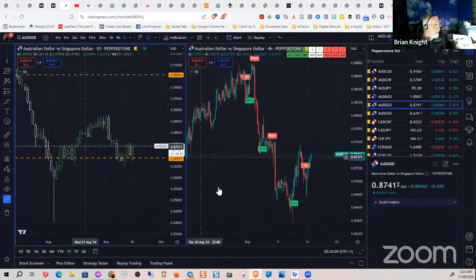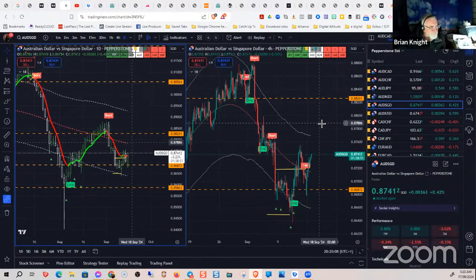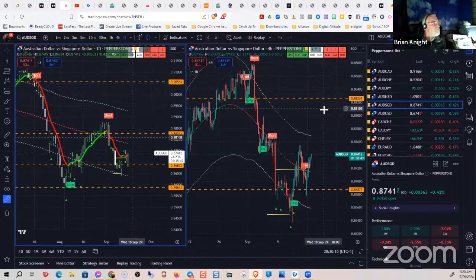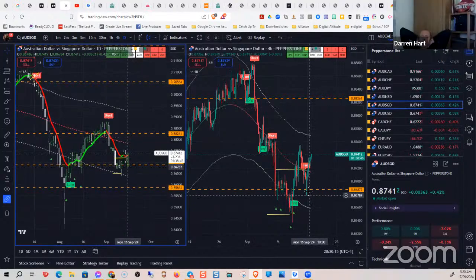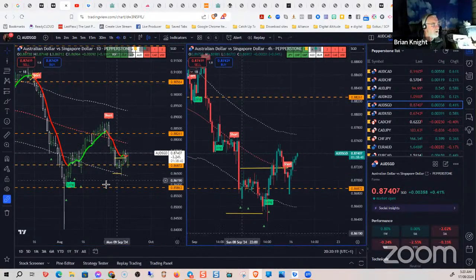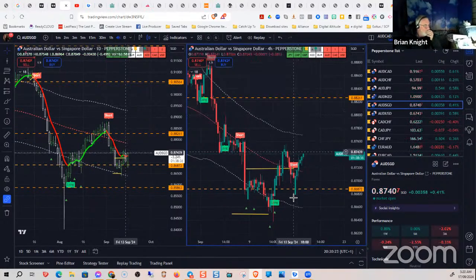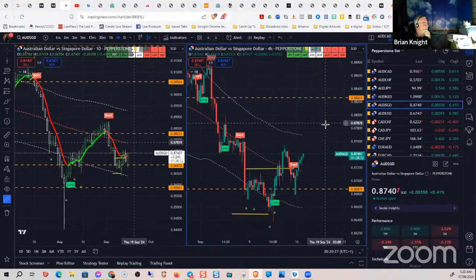Okay, AD and Singapore. That was a gap at open, but then it pushed back up. Oh, so look, the AUD's been strong at open. Again, this US thing just keeps creeping in at me.